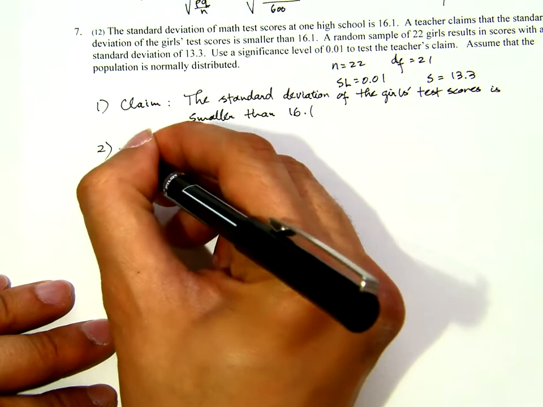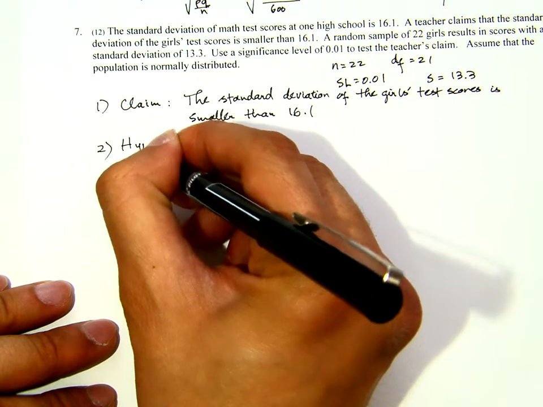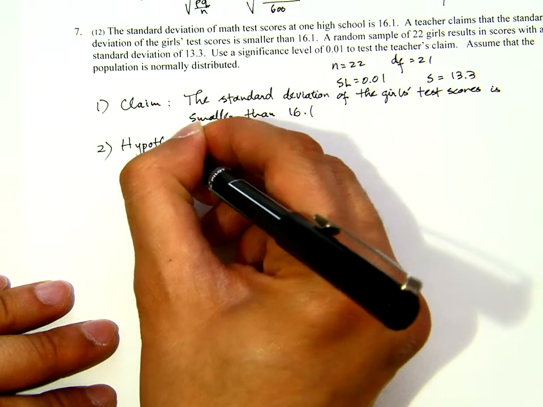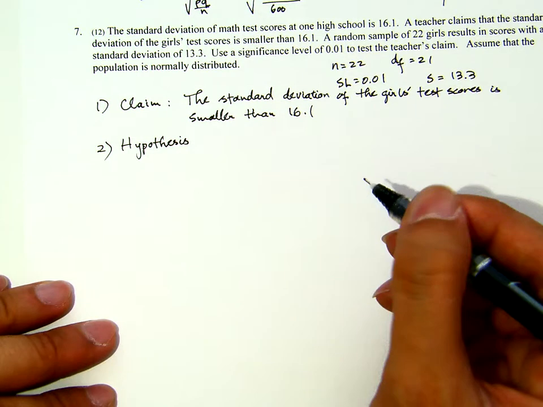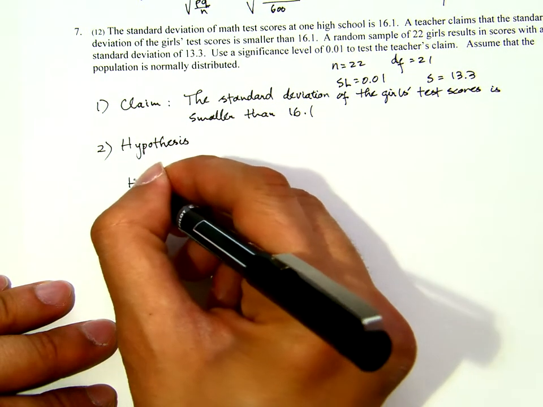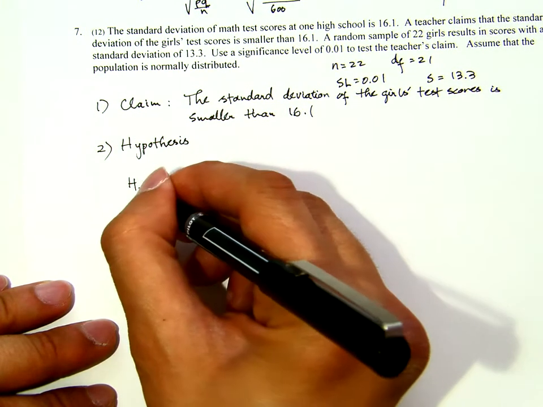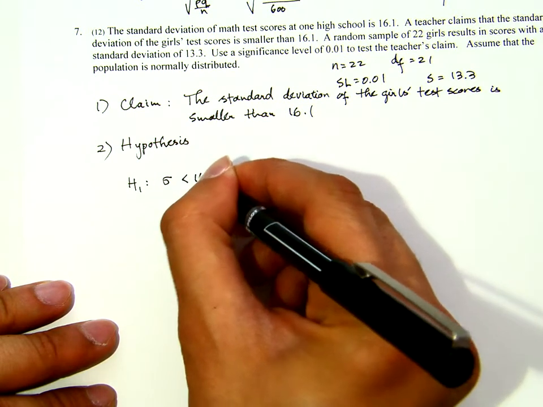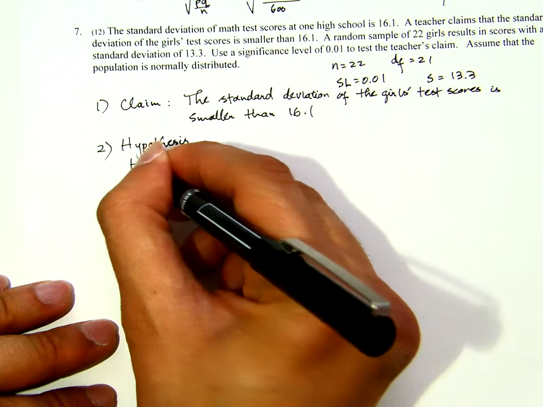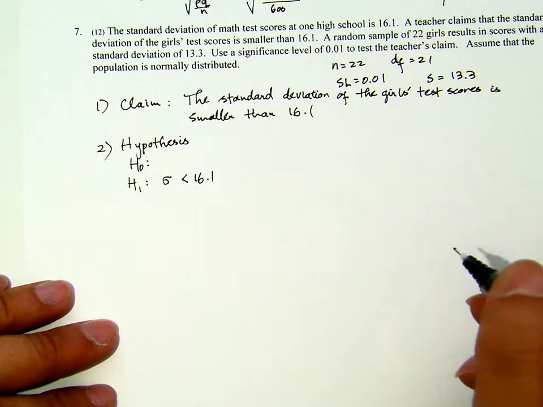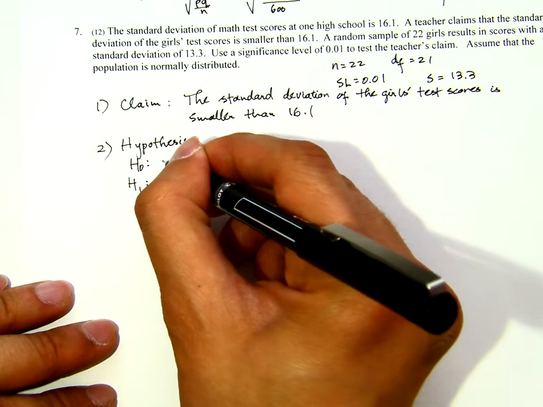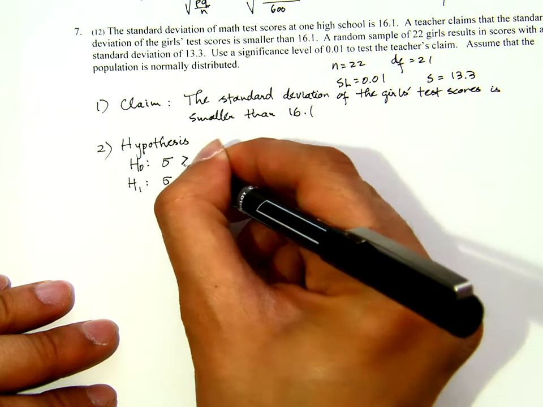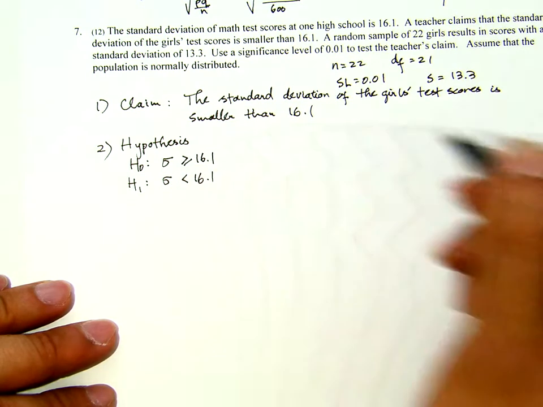Now, part 2, the hypothesis. The standard deviation is less than 16.1. That's the alternate hypothesis. Therefore, the null hypothesis, the status quo, is that the standard deviation is greater than or equal to 16.1.